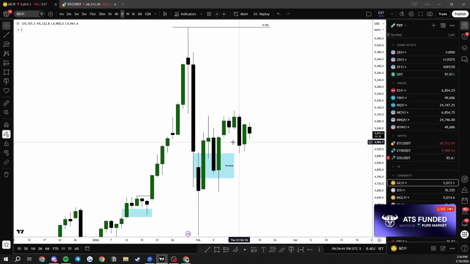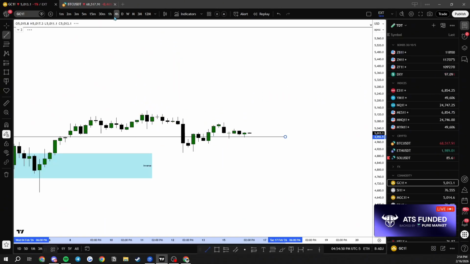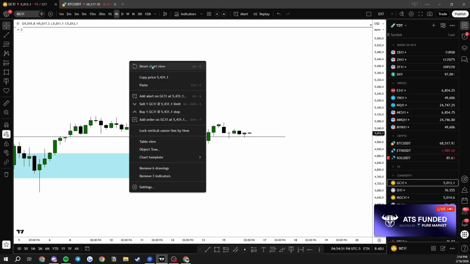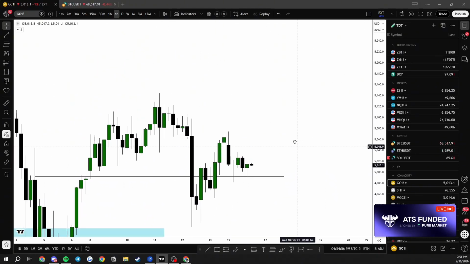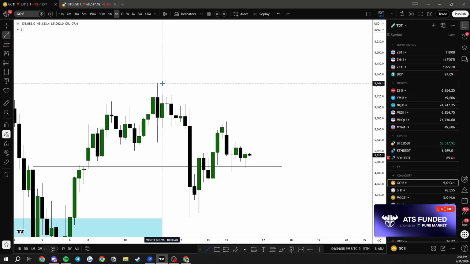On gold, we just hit this daily order block. Decent reaction so far. We have some relative equal highs up here. We also have some relative equal lows, right?